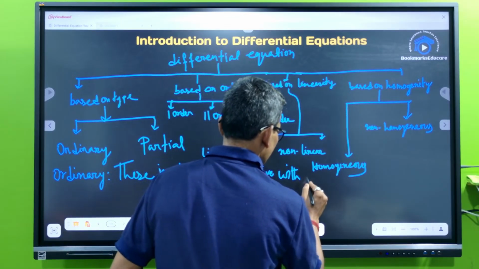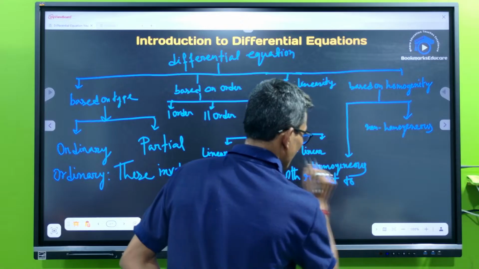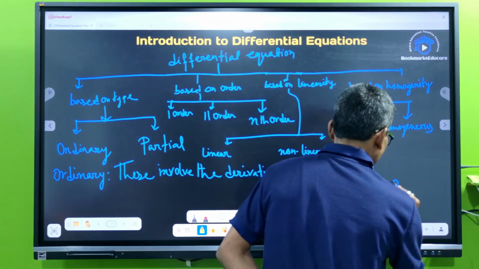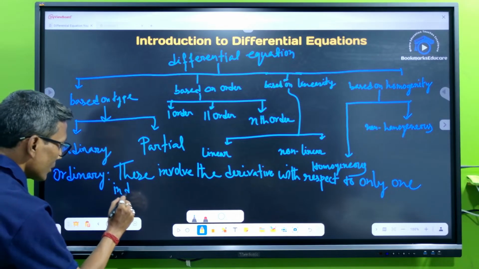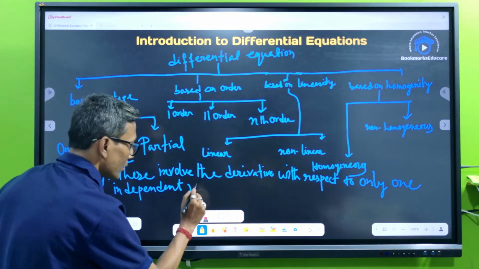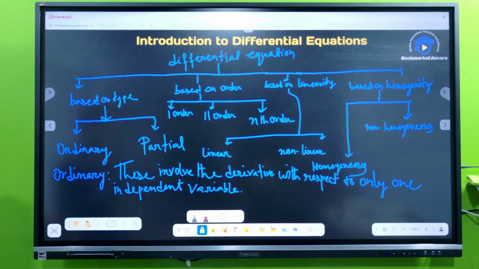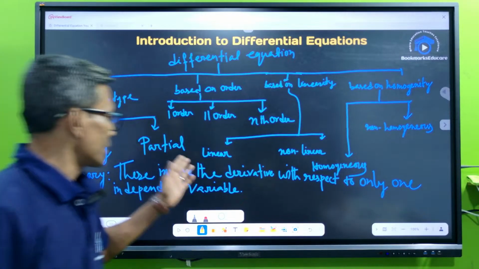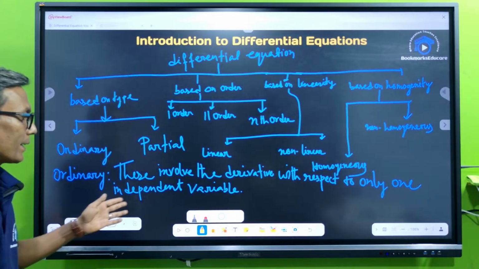So what is ordinary differential equation? This type of differential equation involves the derivative with respect to only one independent variable.